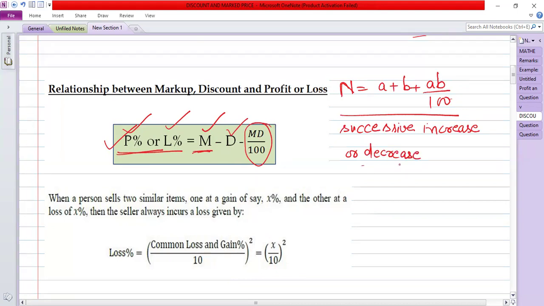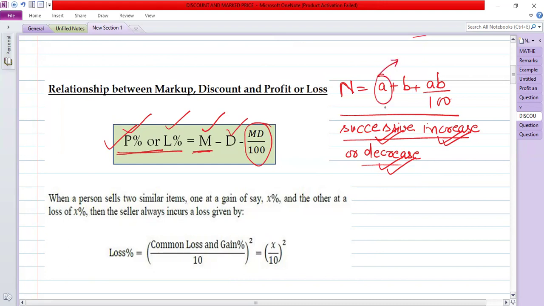And this successive increase or decrease may be in anything. For example, it may be a successive increase or decrease in the price of any item, or in the population, number of persons, number of things. So what is this A? This is the first increase.